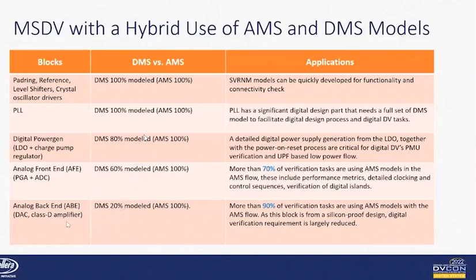The reason is that this is a separate tape out, which is actually reused IP. We don't need too much digital verification, so we can count on the 90% verification task from the AMS models with the AMS flow. This is how we can use AMS and DMS models together to finish all the testing requirements.